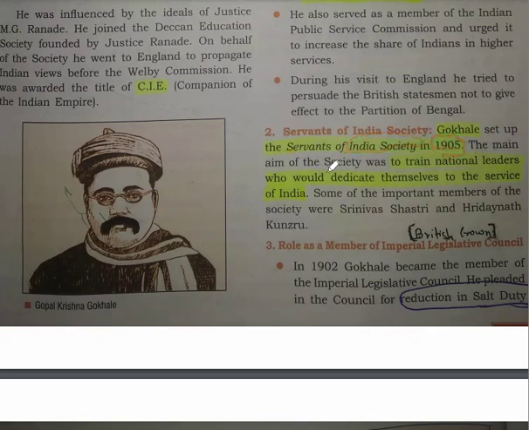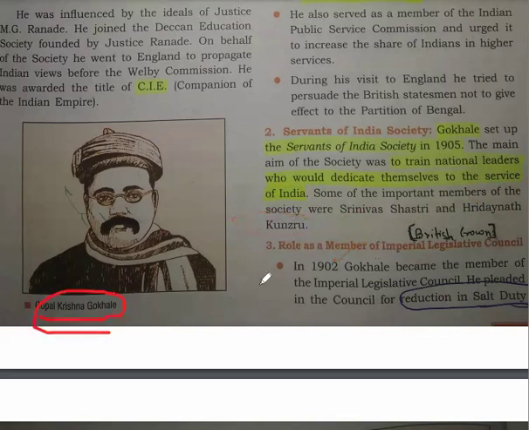The main aim of the society was to train national leaders who would dedicate themselves to the service of India. Some of the important members of the society were Srinivas Shastri, Shridhar Nath, Shridhar Nath Tundru.